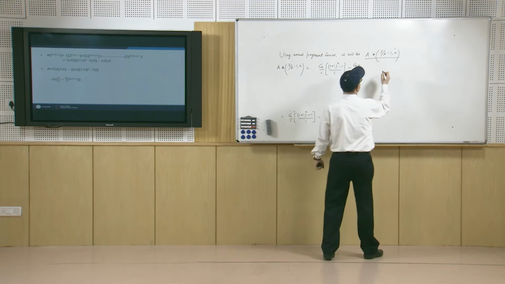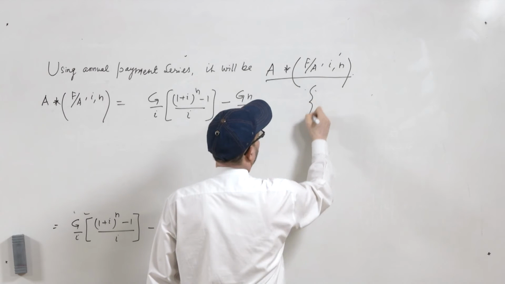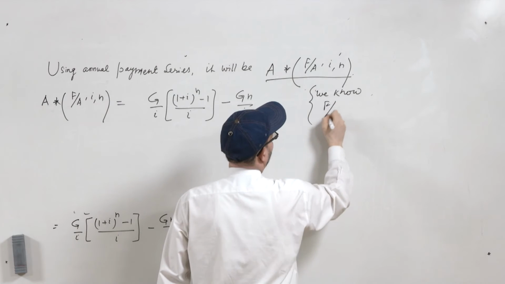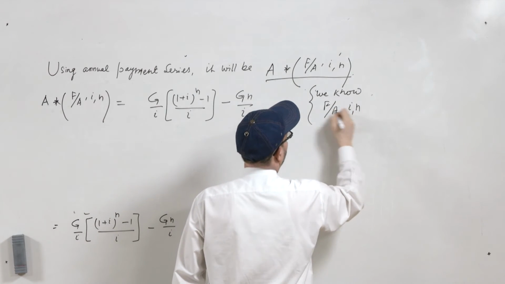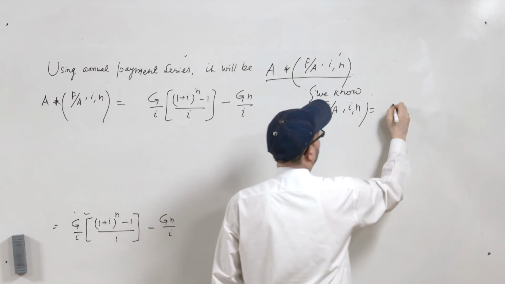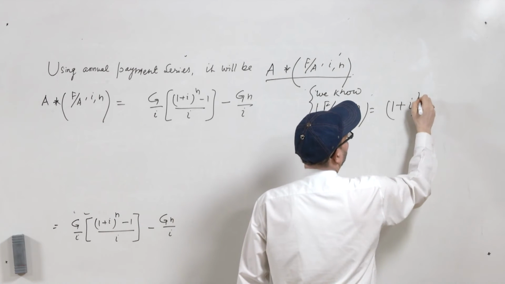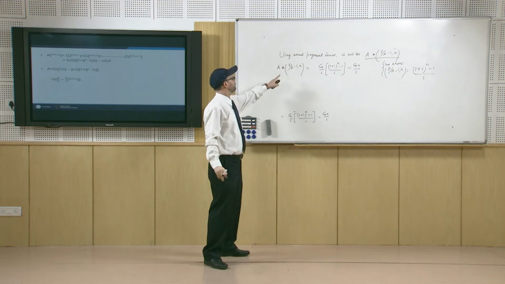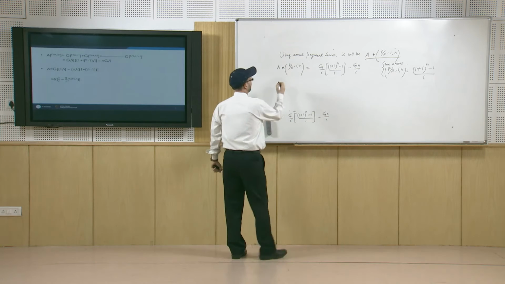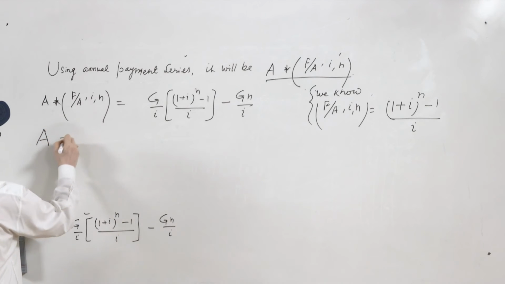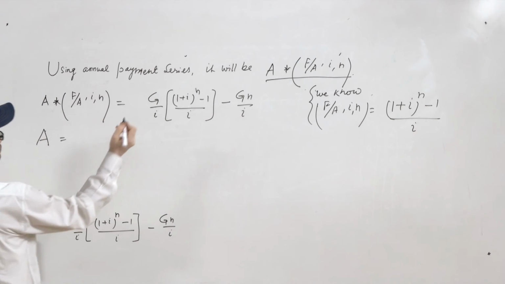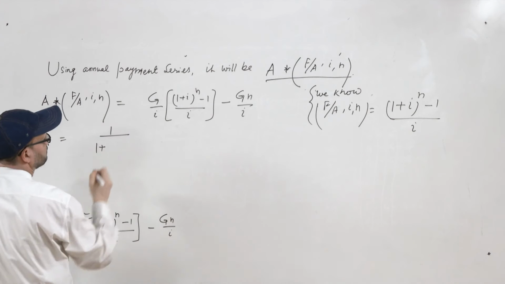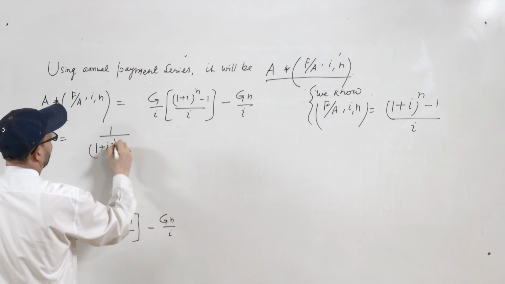As we know, f by a I n, this factor is nothing but 1 plus I raised to the power n minus 1 upon I. So, we will put this factor here. In that case, A will be equal to 1 by 1 plus I n minus 1.